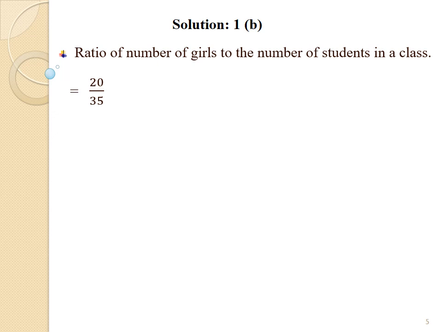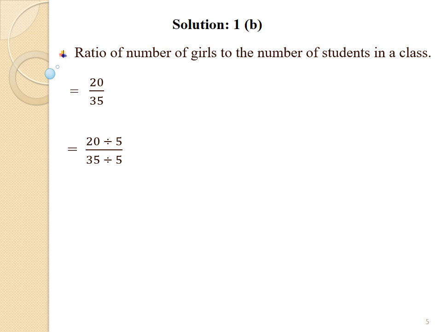Students, the HCF of 20 and 35 is 5. So now, let us reduce the numerator 20 and the denominator 35 by their HCF 5. Thus, reducing 20 by 35 by their HCF 5, we get 20 divided by 5 upon 35 divided by 5.